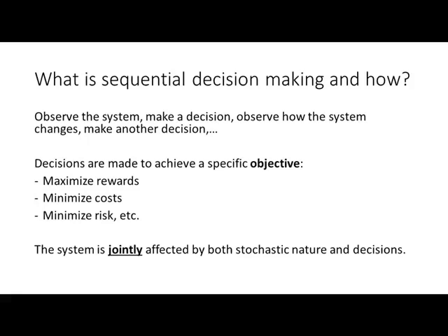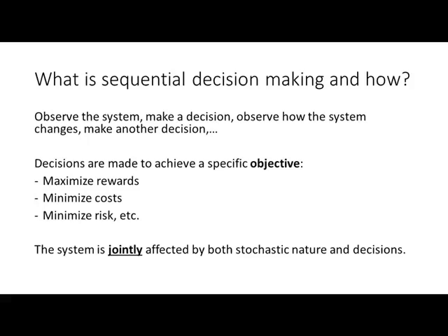And how are decisions made? Decisions are made actually to achieve a specific objective. The objective can be maximizing rewards. In the context of health economics, it can be maximizing the number of days a patient spends in a healthy state, or it can be minimizing cost, which in this context can be minimizing the cost of medical treatments.